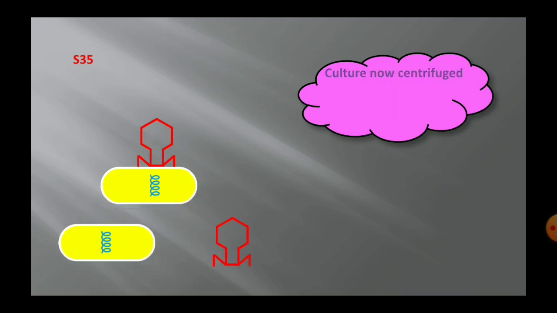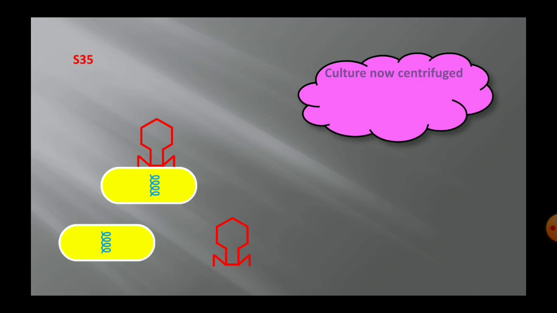Now, after centrifugation, two components are obtained. The heavier component settles at the bottom of the centrifuge tube, and is called the pellet, and the lighter one occupies the top of the tube, and that is called the supernatant.